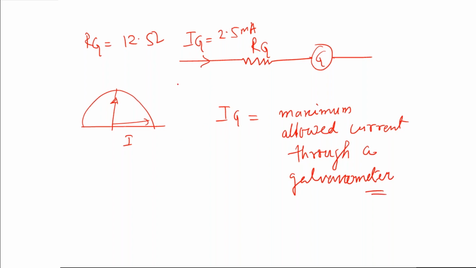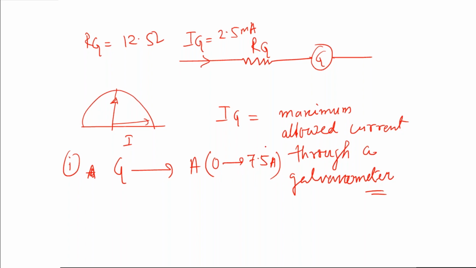So now with this information, you have to convert this galvanometer into an ammeter. So first, let's convert the galvanometer to an ammeter. The ammeter has a range 0 to 7.5 ampere, which means it can read a maximum current of this.